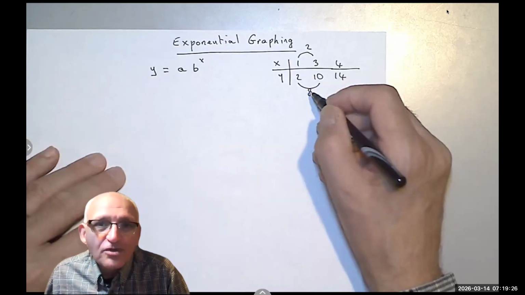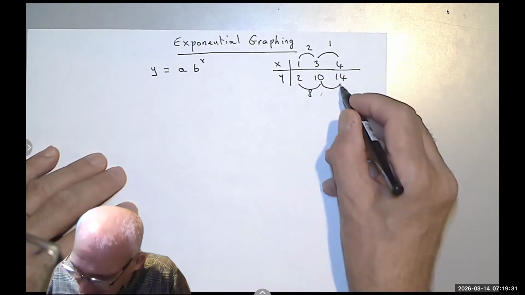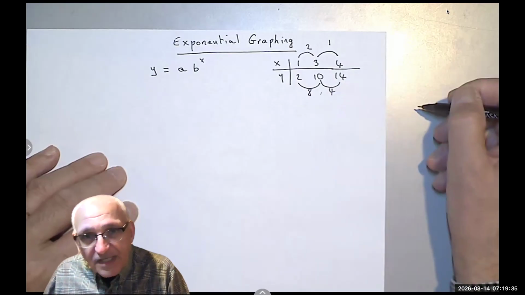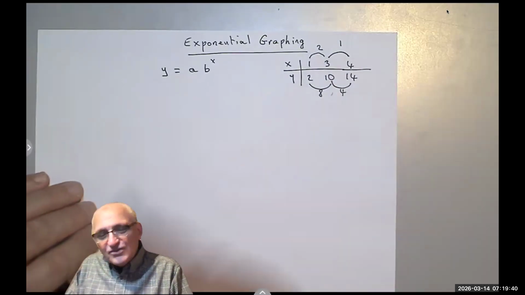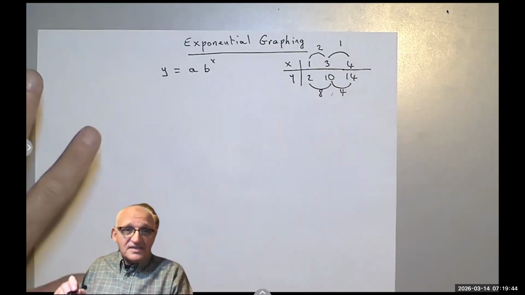So the slope is 4. When x increased by 1, y increased by 4. If x increased by 10, y would increase by 40. So this ratio is constant. But for the exponential it is not the same. We will take some examples and see.